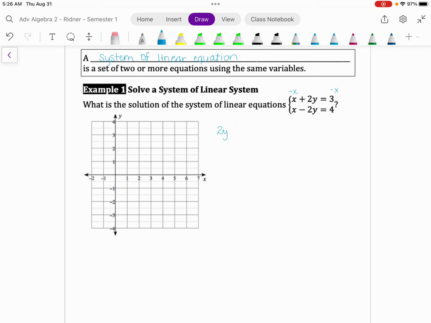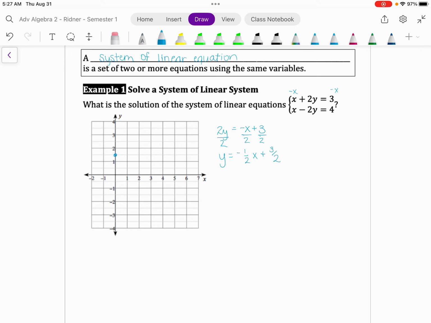So I get 2y equals negative x plus 3. Divide all the way across, I get y equals negative 1/2 x plus 3/2, which is 1.5. So that is my y-intercept there.